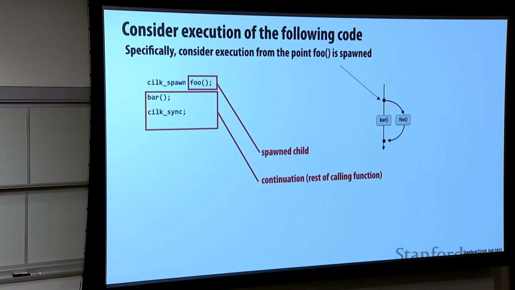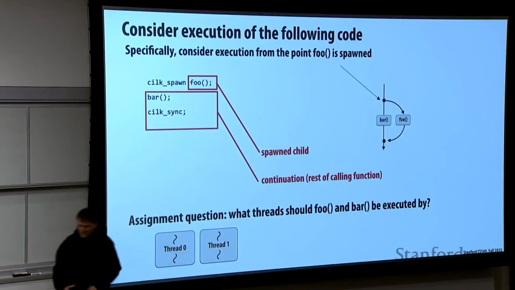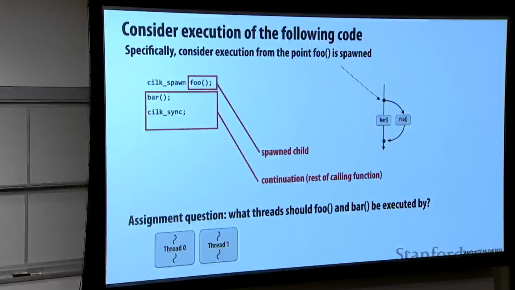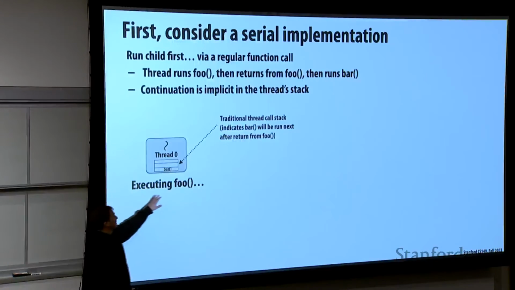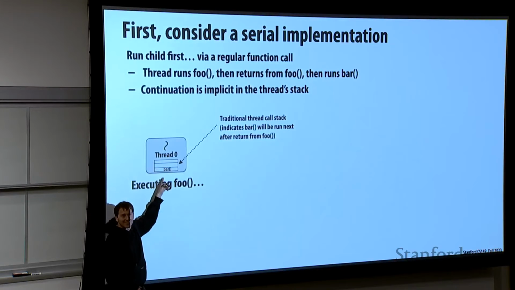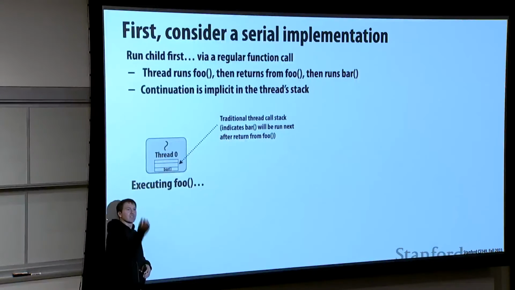Exactly. So now let's assume that we have a pool of 2 threads. I got ahead of myself. If this was a single-threaded implementation, I just have a stack. When I call foo, I push my current frame onto the stack, I go run foo, and then I return back to the caller.